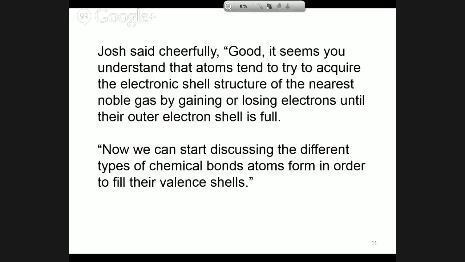Helium is a noble gas. What are other noble gases? Argon. Argon, what else? Neon. Neon. I had to ask because there's another one that sounds very much like that. Xenon. Right? So there are others. There's krypton. I think radon's up there, something like that. But they're all in the final column in the periodic table.